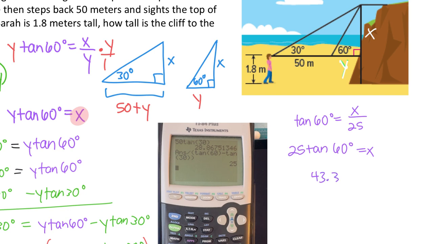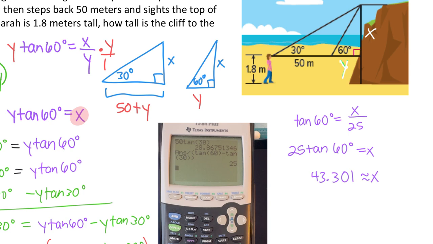But I'm going to put just a few here, so like 43.301 and just approximate. But I'm going to keep the exact answer in my calculator and just add that 1.8 to it, because if you just would have rounded this to 43 and then added the 1.8, it might put it over a little more to where you would have been one off.